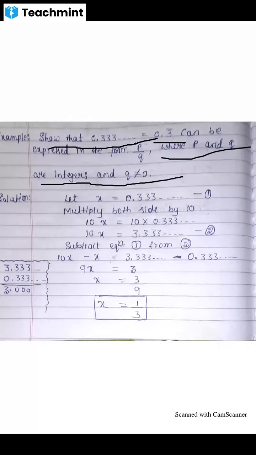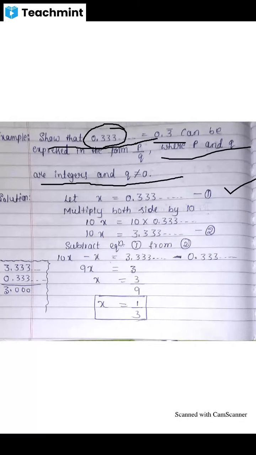First of all, you have to notice this 0.3333 bar and so on is non-terminating recurring, right? What is the first step? First step, the given number, we have to take it in the form of x. Let x is equal to 0.333 and so on.